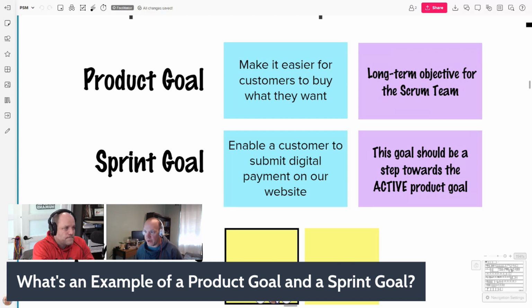That became a sprint goal. There were others, like a recommendation engine, which was another hypothesis that was a PBI on the product backlog. Ultimately, this shows that you can and should have multiple sprint goals that try to achieve this longer-term objective called a product goal. And I think this is a pretty relatable example, Ryan.